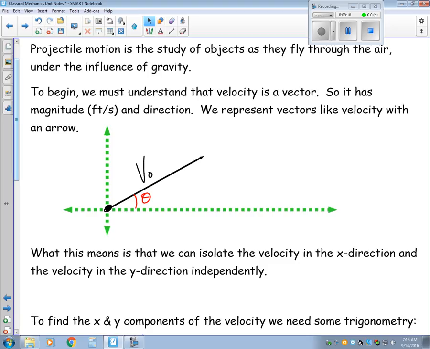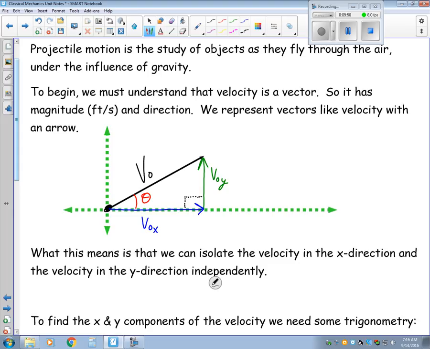What I can do is break this velocity up into a y component and an x component. And notice I've made a right triangle. So I can use Sohcahtoa and the Pythagorean theorem to help me figure things out.